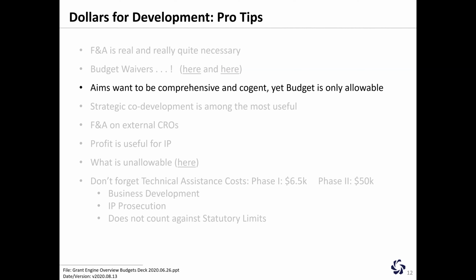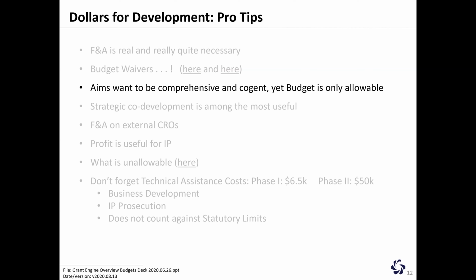The premise of this bullet is simply that when you write your research strategy, you want it to be comprehensive and cogent in the holistic sense about all of the key activities that will advance your product.